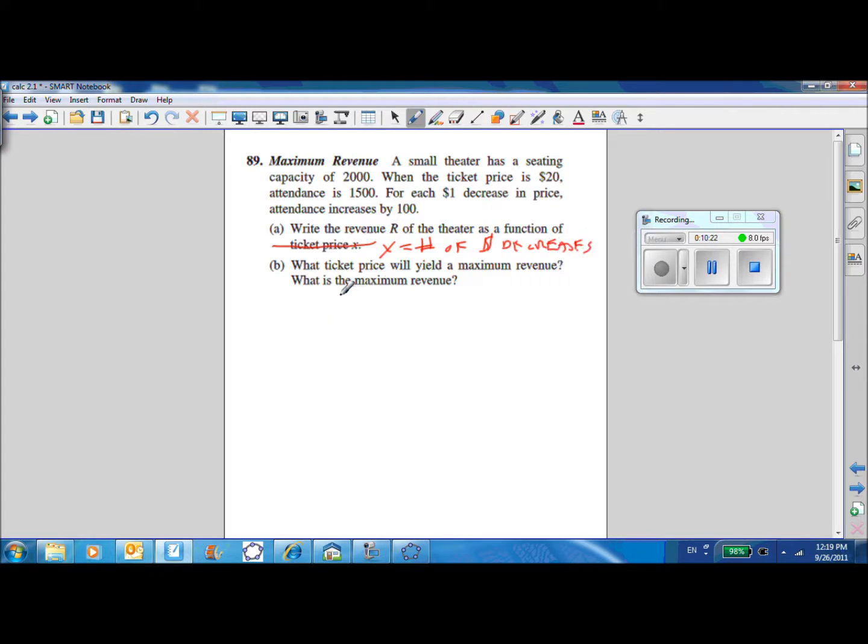So now we start talking about revenue. Revenue is number of tickets sold times the ticket price.